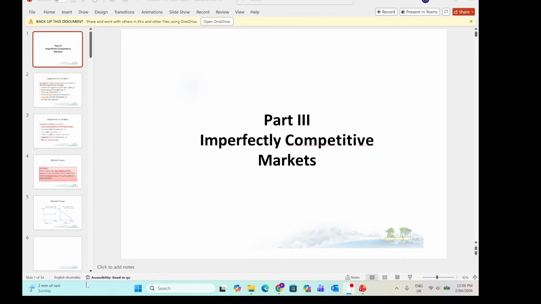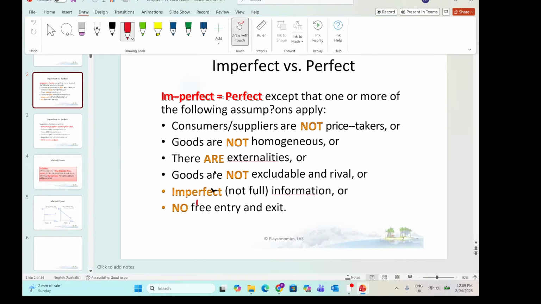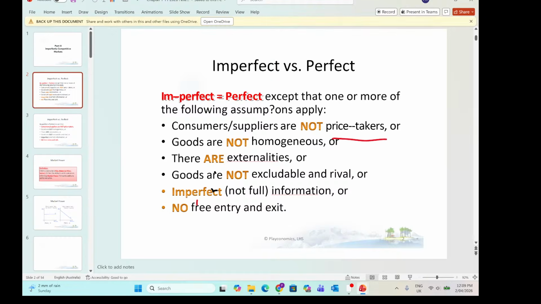As I just said to you, perfect competition imagines these things. Right? What does it imagine? It imagines firms are price takers. All right? It imagines that goods are homogeneous. It imagines there are no externalities. It imagines that goods are excludable and rival.